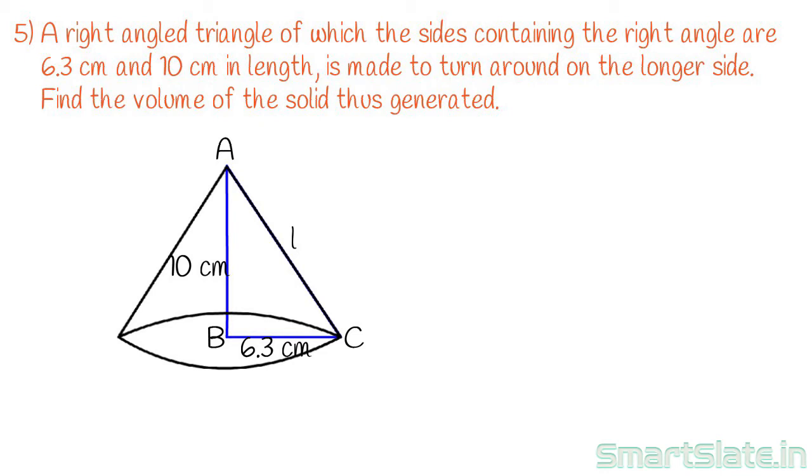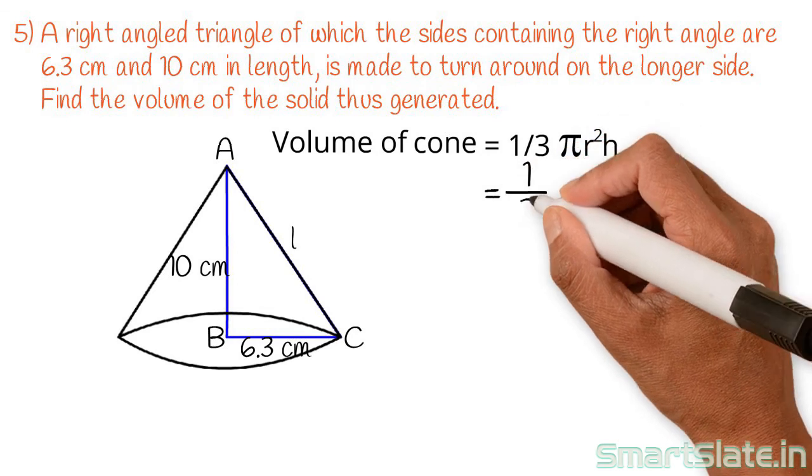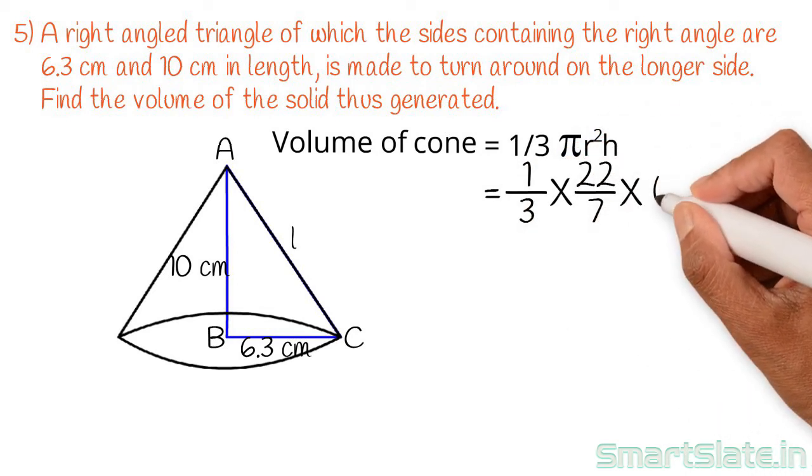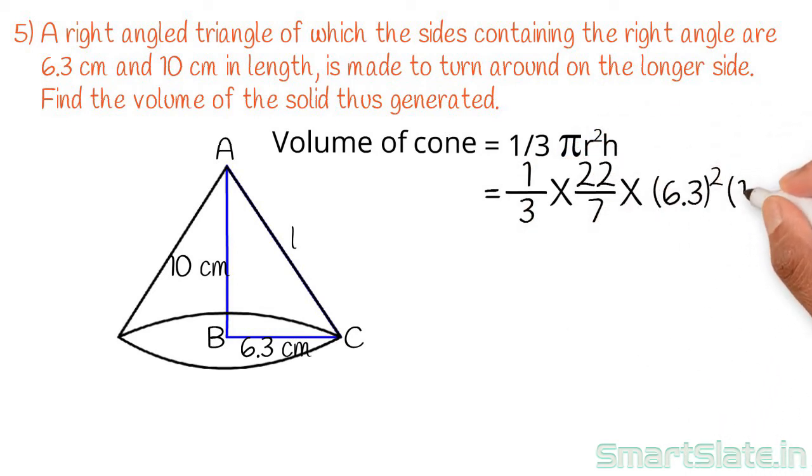The mathematical formula to find the volume of the cone is 1 by 3 into pi into r square into h. You will get the answer after substituting the values of r and h. In this case, r is 6.3 and h is 10. It is 1 by 3 into 22 by 7 into 6.3 square into 10.